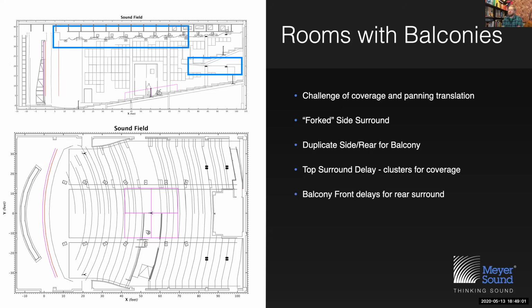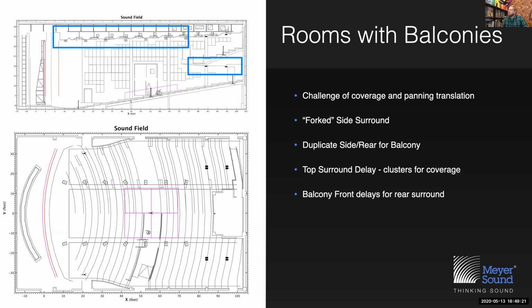But we used them in clusters, and I should have put a map prediction of this, but I'll try to do it with my hands, in that they're aimed in a triangular splay to try to get 180 degrees of coverage essentially out of that 100-degree dispersion with 2 loudspeakers.